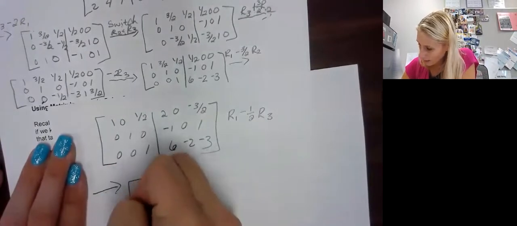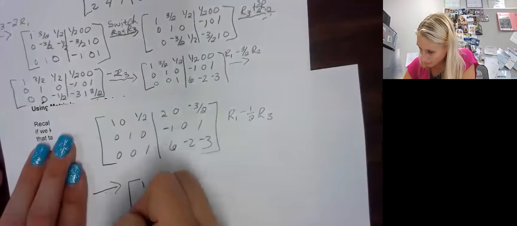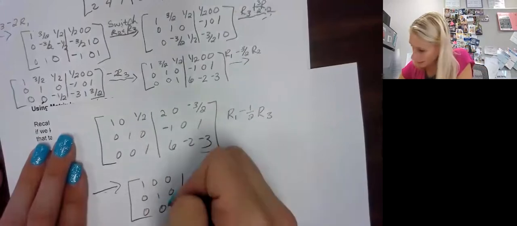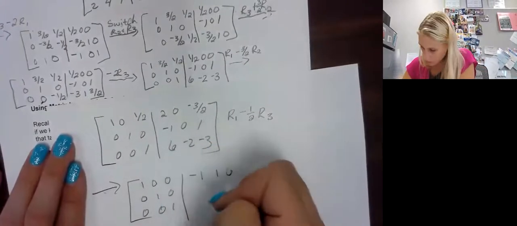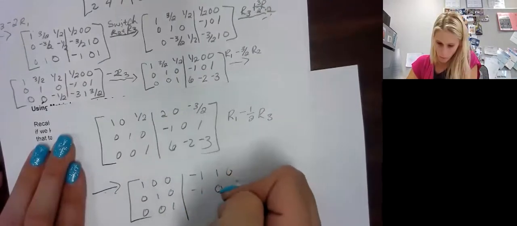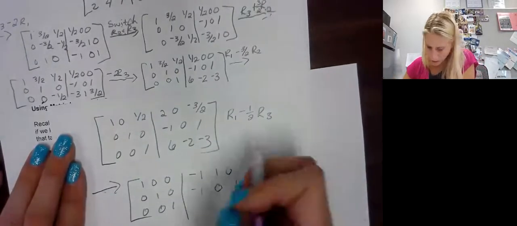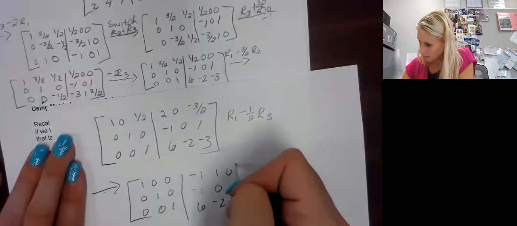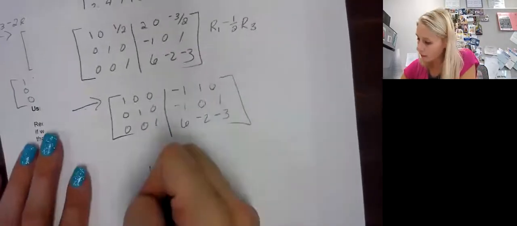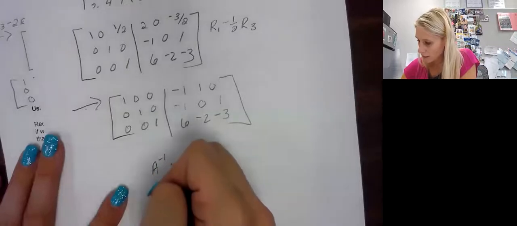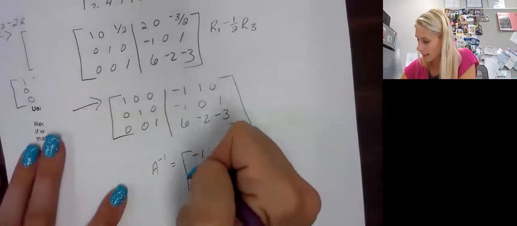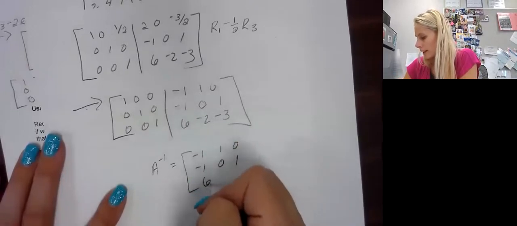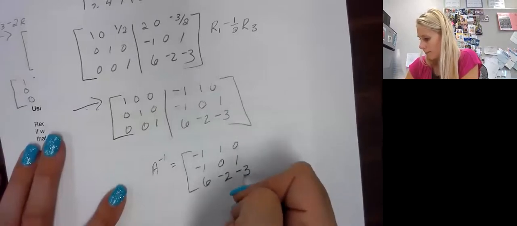When I get that, I end up with the identity matrix on this side, and on the other side negative 1, 1, 0, negative 1, 0, 1, 6, negative 2, negative 3. So that means my final answer is that the inverse of matrix A is negative 1, 1, 0, negative 1, 0, 1, 6, negative 2, negative 3.